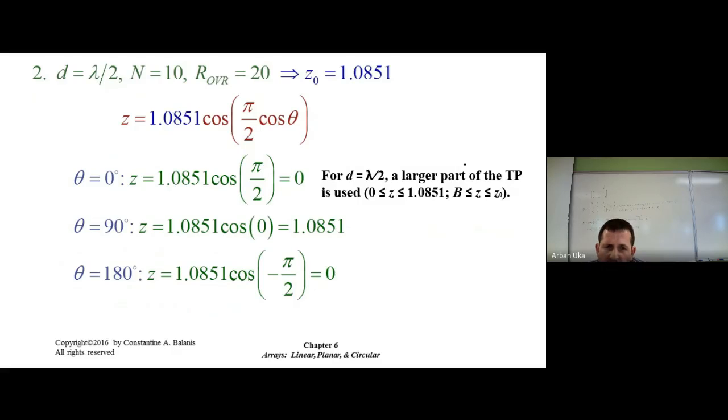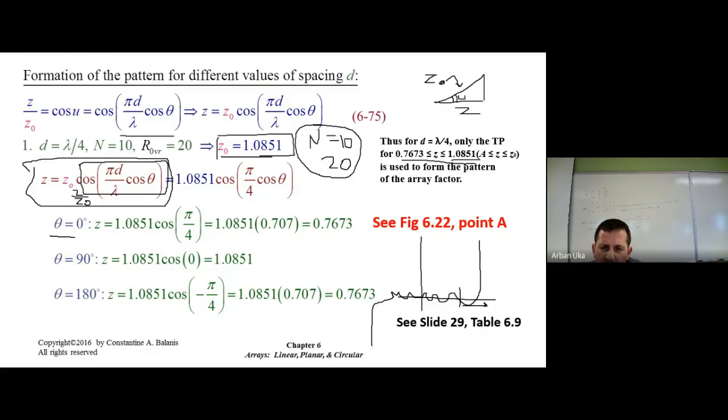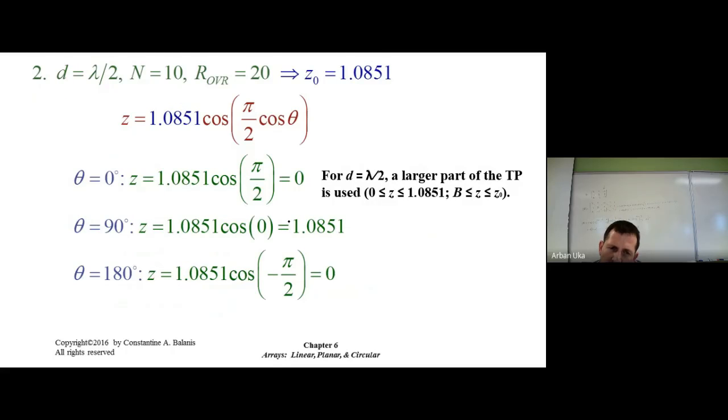Now here we have another, and by the way, when d is equal to lambda over 4, we are talking about point A. For a moment, let's remember this was point A. Here, we have to consider point B in a specific figure. So we observe that at this d over 2, the Chebyshev polynomial that is used is mostly in this domain, between 0 and 1.085.